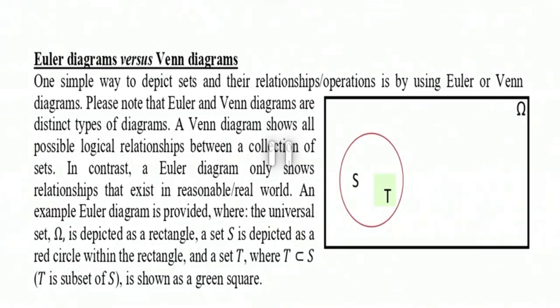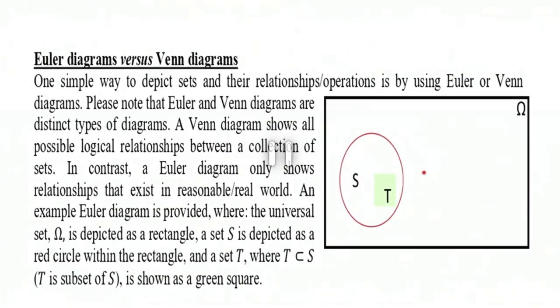Now, you see there's an omega sign here, right? The omega sign is actually talking about the universal set. Now, when you take a look at this one, it means that set S is bigger than set T. You can see S and T are both uppercase, right?